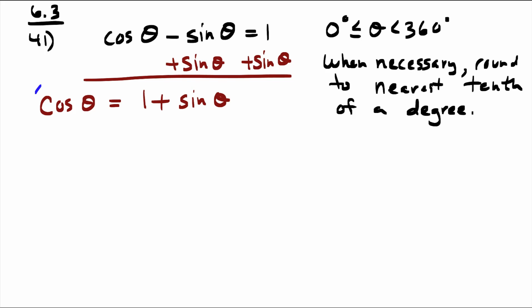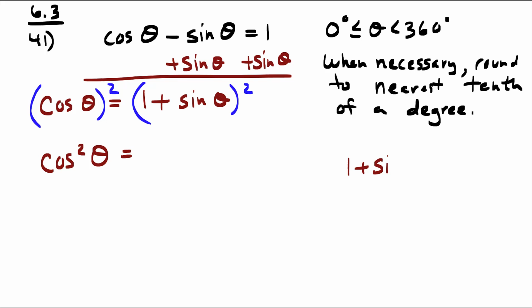And we are going to square both sides, because that gets us into a square of a trig function. And then we can use the Pythagorean Theorem to change them around. So on the left side, how about cosine squared theta is it right now? This one, if you know it already, go for it. If you don't, you're going to FOIL all this out.